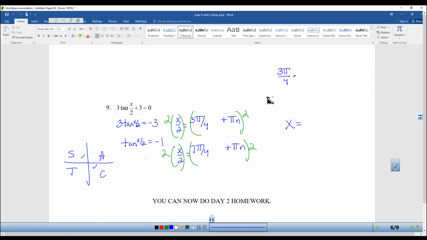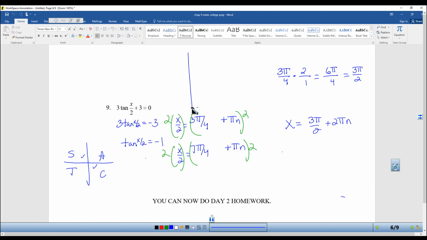When you're multiplying a whole number by a fraction, it's often easier to do a fraction by a fraction. And then you can go straight across the numerator and straight across the denominator. And this one actually reduces to 3 pi halves. 3 pi halves plus 2 pi n. And then sometimes people get confused and they say, oh, I thought we only added 2 pi n for sine and cosine. This is tangent.